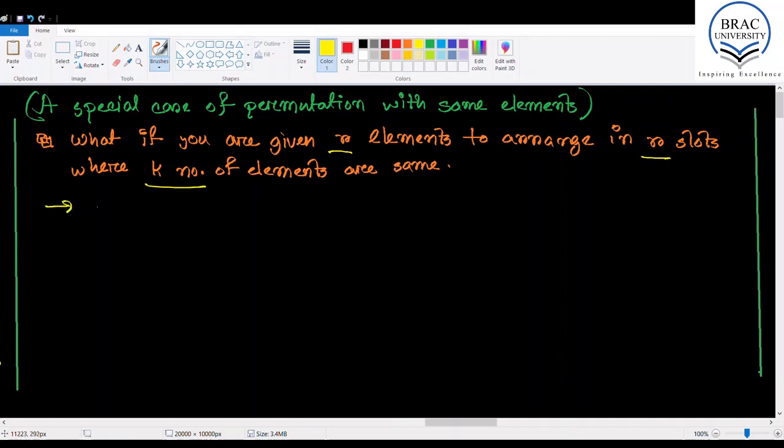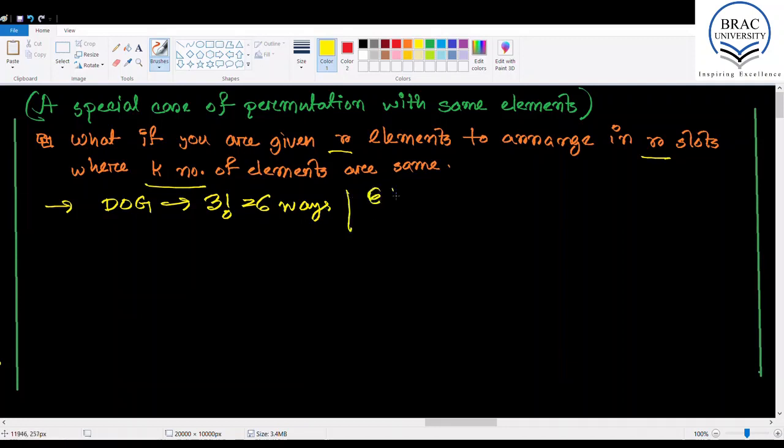Let's say that here there is a 3-letter word, dog. So if I ask you in how many ways can you arrange these 3 letters, this is very simple. This is linear permutation. So there will be 3 factorial equals 6 different ways, right?